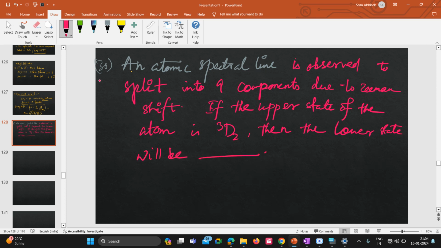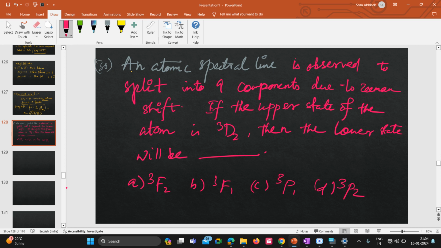Options are 3f2, 3f1, 3p1, 3p2. These types of questions will come. Tell me, an atomic spectral line is observed to split into 9 components due to Zeeman shift. If the upper state of the atom is 3d2, then the lower state will be?